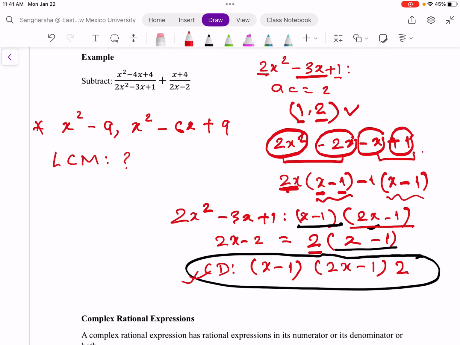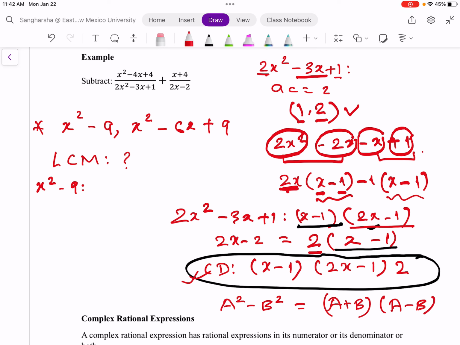What are the factors of x squared minus 9? What method do we use to factorize this? Can we use the FOIL? We can. What about the other? This is the difference of perfect squares, right? As I said earlier, if you have a difference of squares, then your factors are the sum of those two terms times the difference.